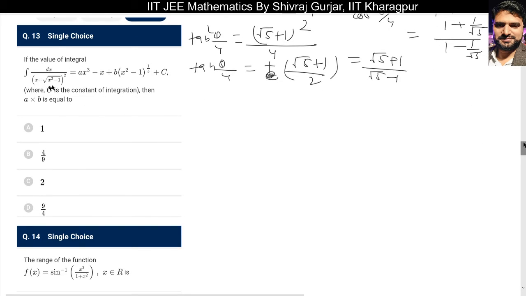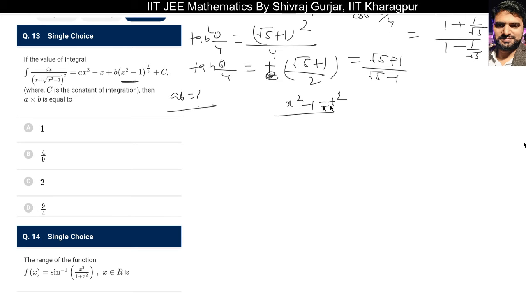Okay, this integration we are asked a into b क्या होगा. So we see that this is written in terms of x square minus 1. So let us assume x square minus 1 is t square, t square इसलिए because the root में. From here we can write x dx equals t dt.